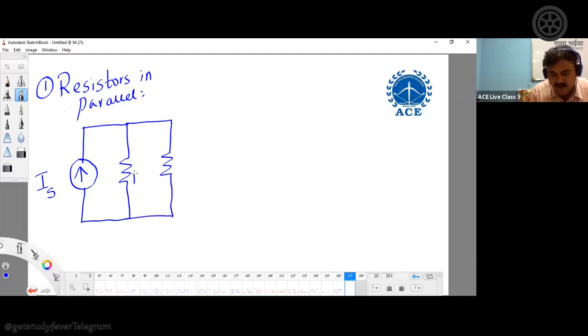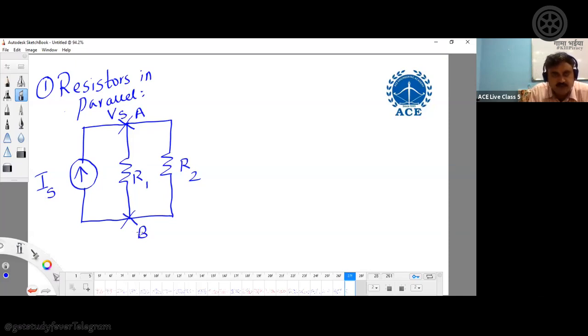These network elements are R1 and R2. Now, you can see all these three elements are connected between the same set of nodes. Let us assume this is node A and this is node B. If all the network elements are between the same set of nodes, then we can say IS, R1, R2 are always connected in parallel. Let us assume the value of this node voltage is some Vs. When you write the node voltage as Vs, all the branches connected between the nodes have the same voltage.